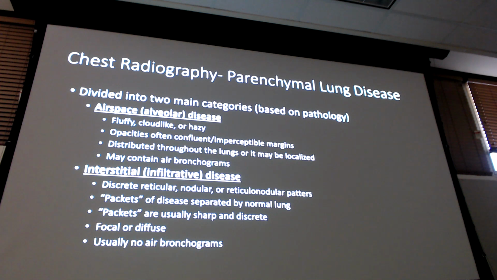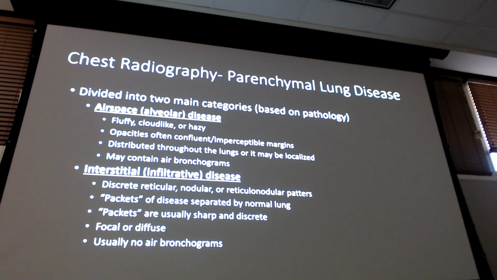Your interstitial or infiltrative disease shows reticular, nodular, or reticulonodular patterns. Basically lines, dots, or lines with dots. Okay? We'll see pictures of it. The interesting thing about this is you can have disease and normal lung in between. So you can have disease, normal lung, disease.